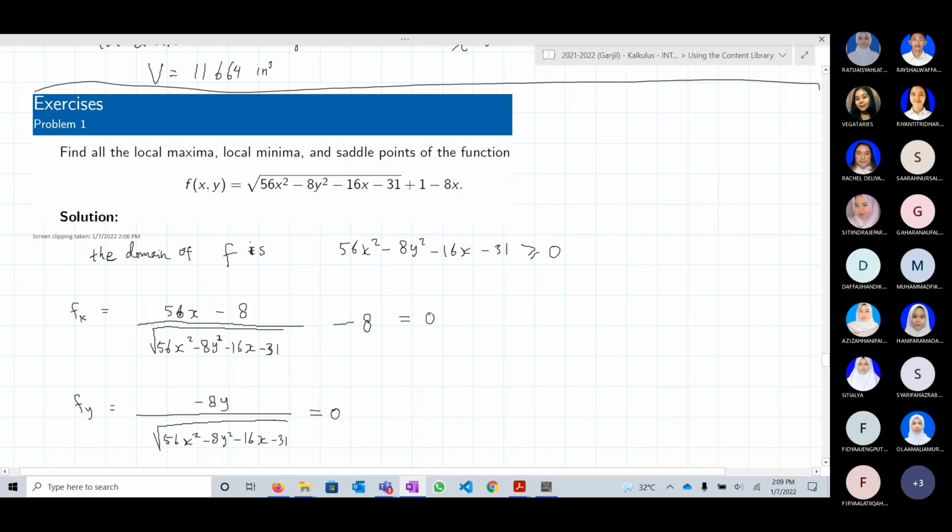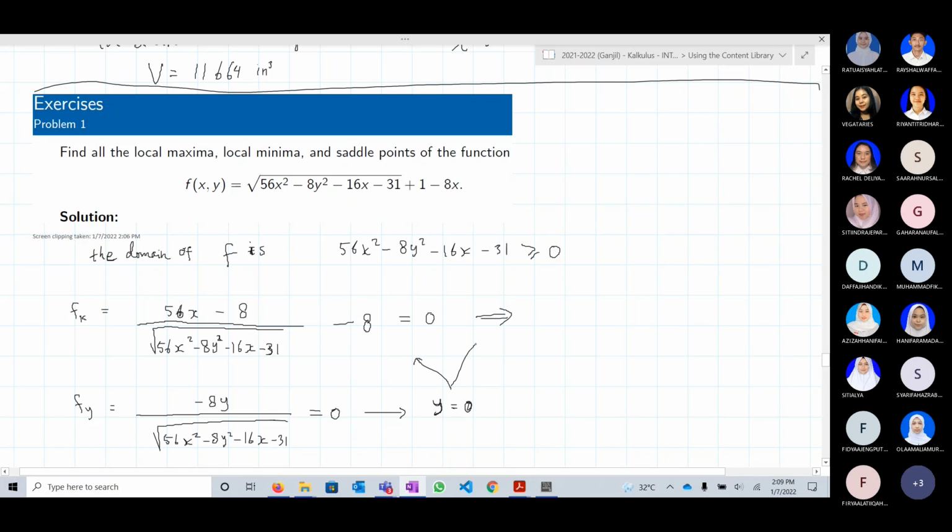Yeah. So from the bottom one, we have that the only way this quotient becomes 0 is if y is equal to 0. There is no other way. Now we use this information for the one up there.